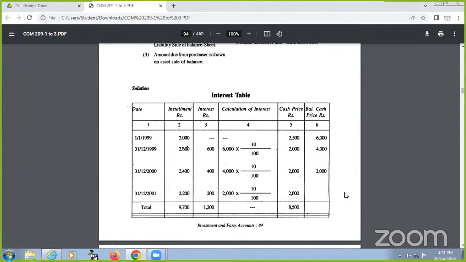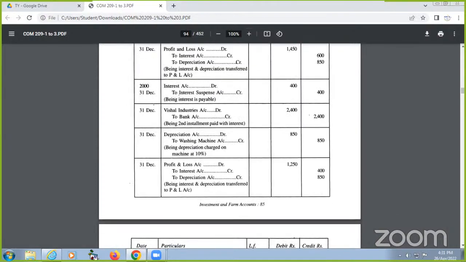In the last year there will be a nil balance, and according to that, 9,700 is installment, interest is 1,200, and the cash price is 8,500. So this is the interest table, which is compulsory in your examination at the time of installment system. So guys, please concentrate on this problem, which is very important. After that, they gave the journal entry.